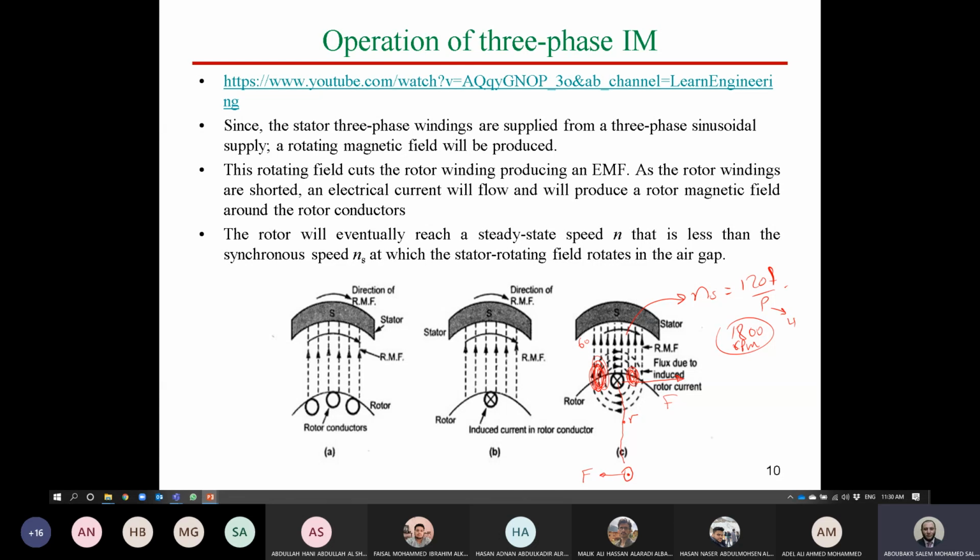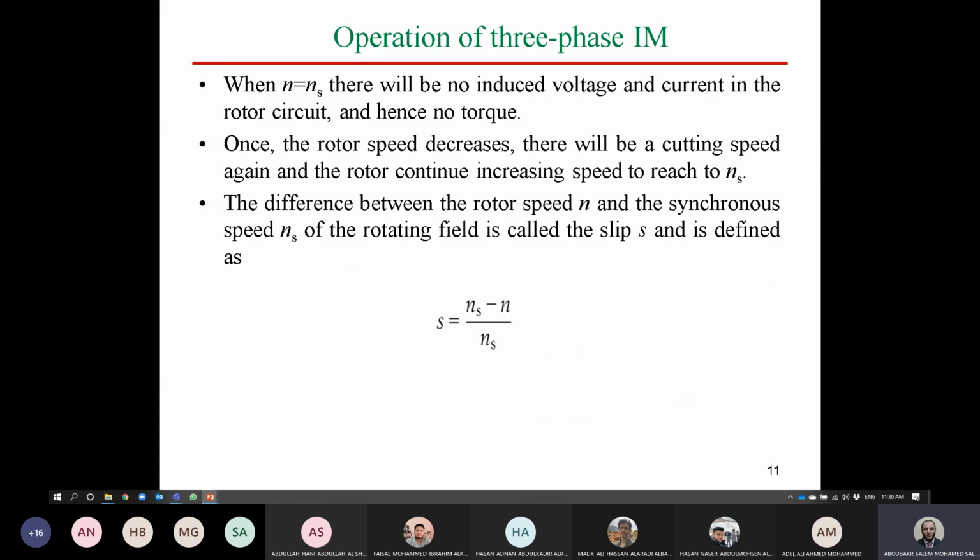For that, we have a relation which is called slip. This is the slip, which represents the per unit cutting speed and the motor speed average. So if you have a slip of, for instance, 100 RPM, this means the rotor is moving at 1700 RPM and synchronous speed is 1800.